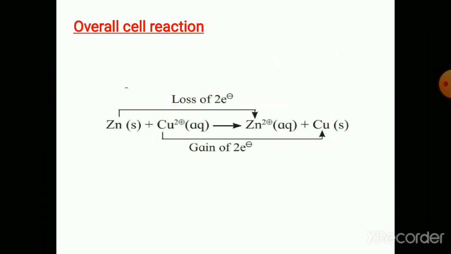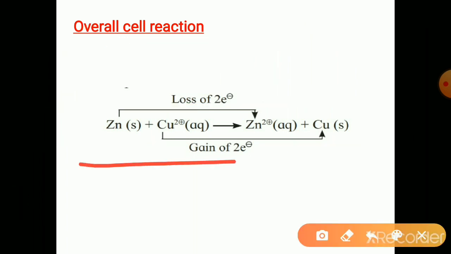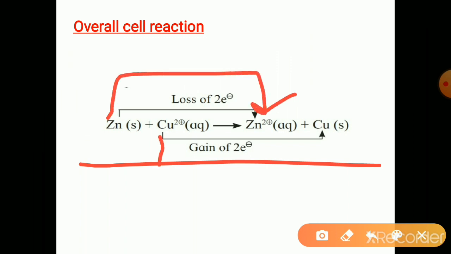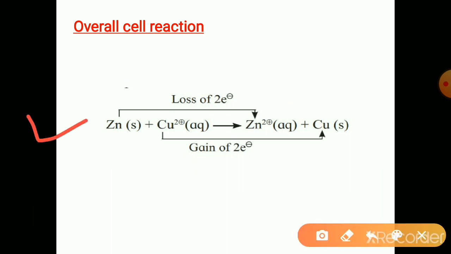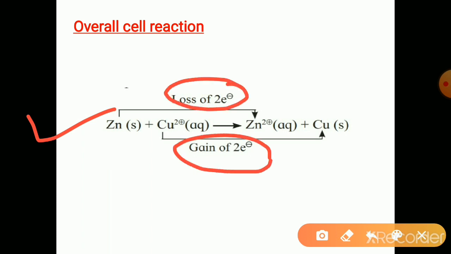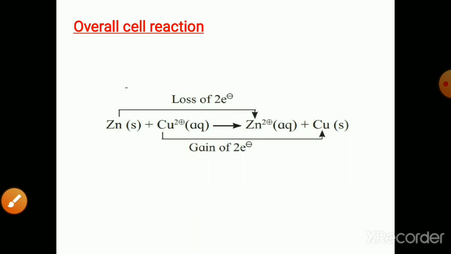So hence we get the overall reaction. This is the oxidation half, this is the reduction half. So overall reaction is the combination of oxidation half and reduction half. Loss of electron, this is the gain of electron. So this is about the construction and working.